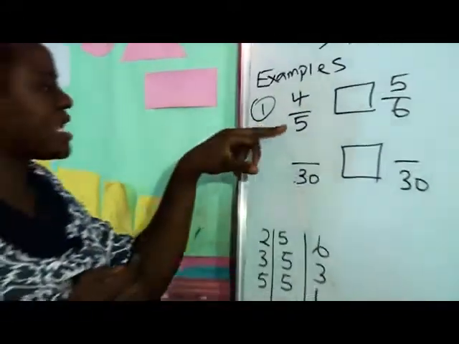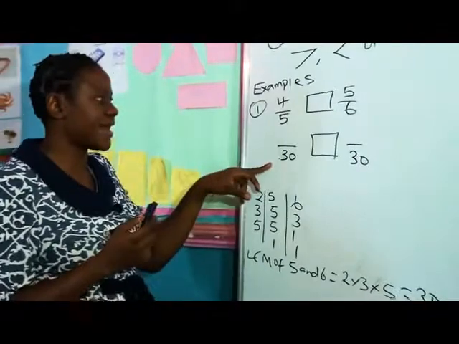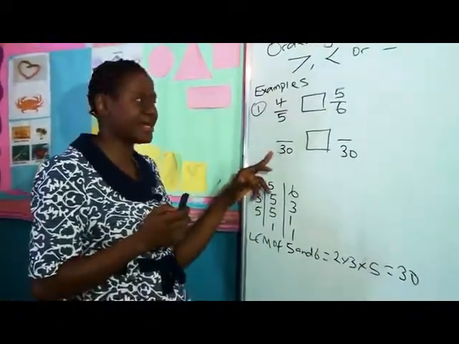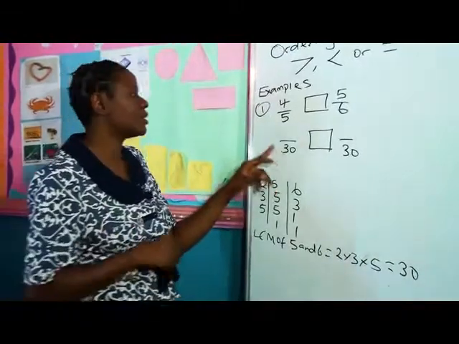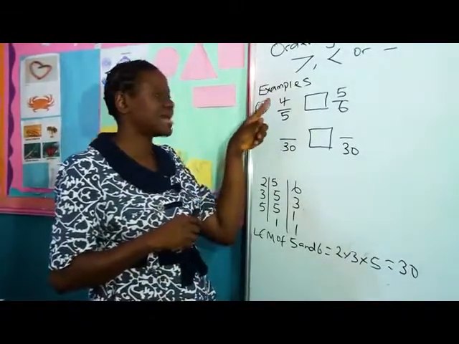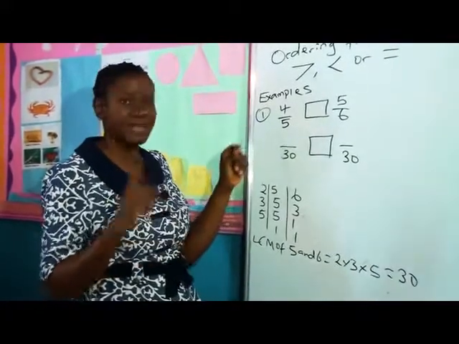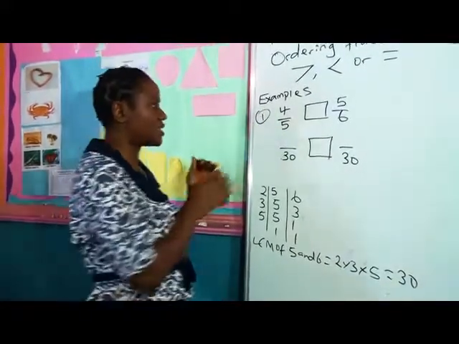Now, how many 5 can we find in 30? 6. 30 divided by 5 is 6. Then 6 times 4 gives us 24.